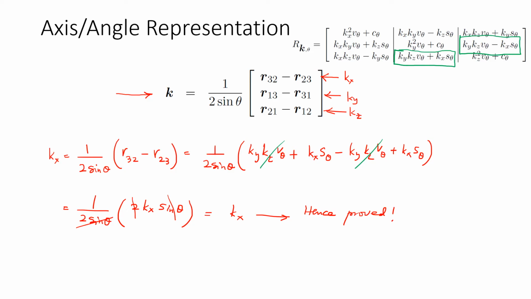And when combined with the earlier expression for the equivalent angle, you can say that given any rotation, you can find out using these two expressions what the equivalent angular displacement or rotation about this vector k is, and that would give you the combined effect of any composition of rotation in your system. Whether it is for robotics or for any other application, you can use this very generic, very powerful set of expressions.